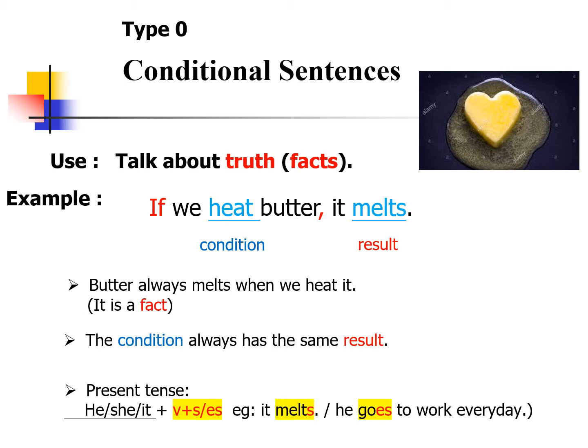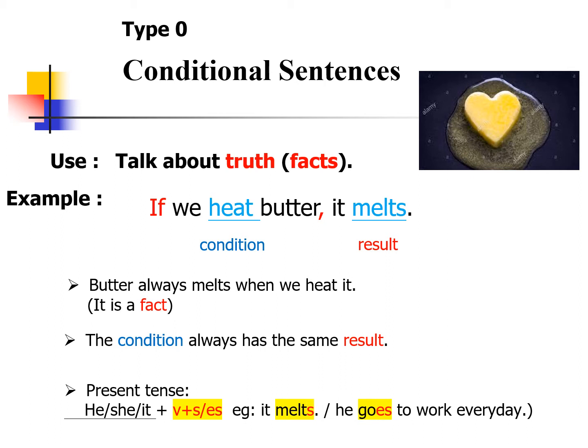When we talk about type 0, when do we use type 0? When we talk about truth or facts. For example, if we heat butter, it melts. The butter always melts when we heat it, and it is a fact.